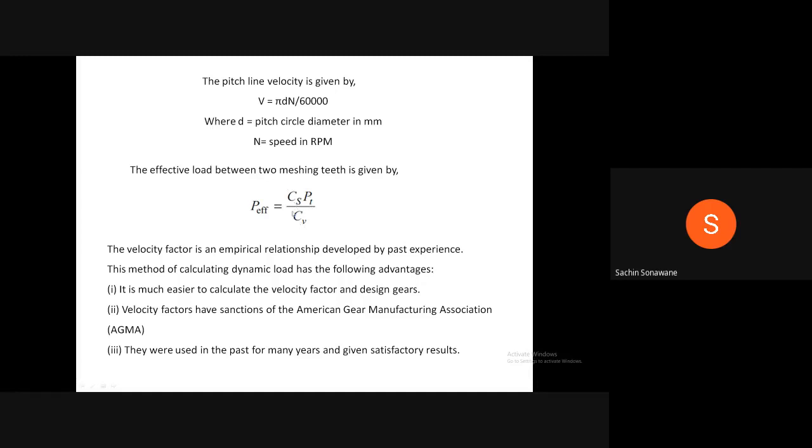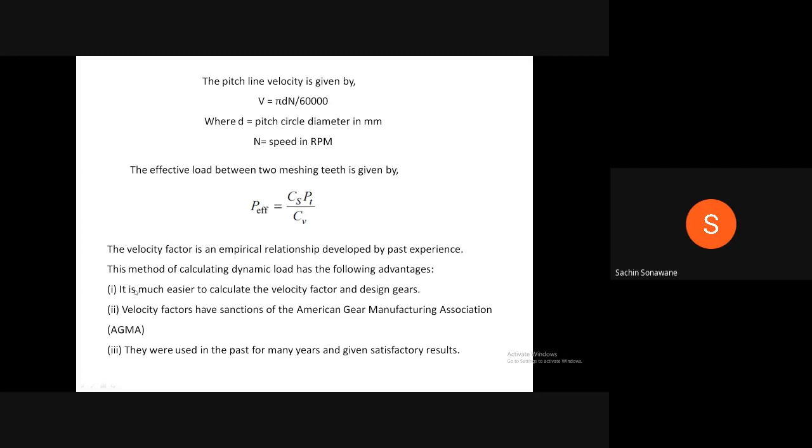Service factor is also provided in the problem. The velocity factor is an empirical relationship developed by past experience. This method of calculating the dynamic load has the following advantages.